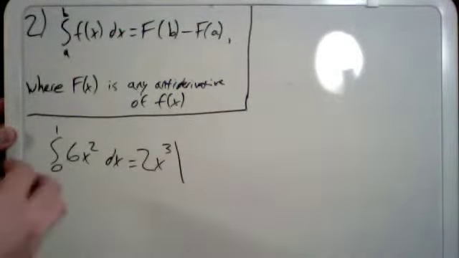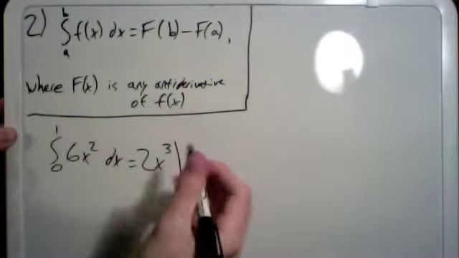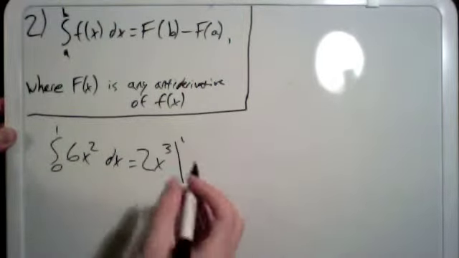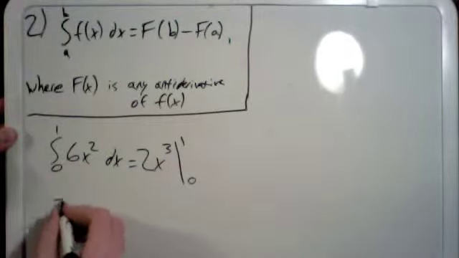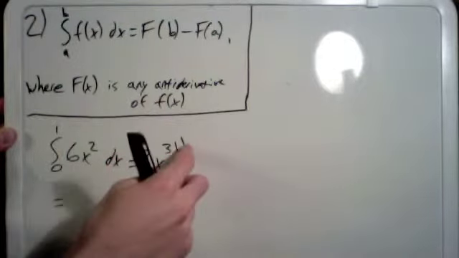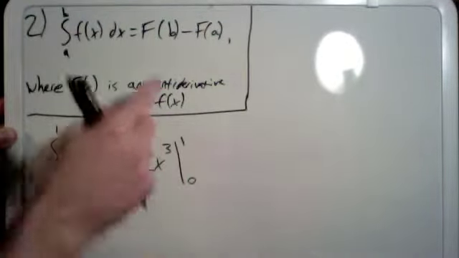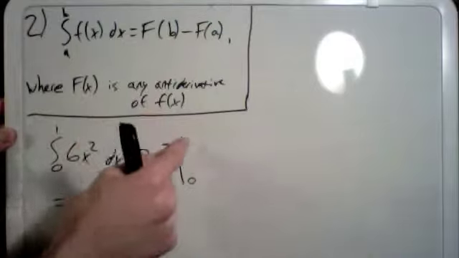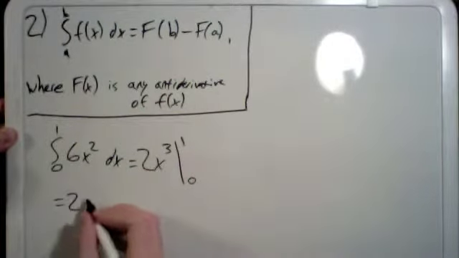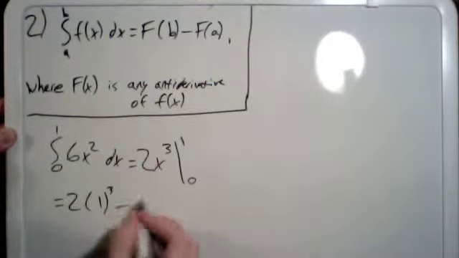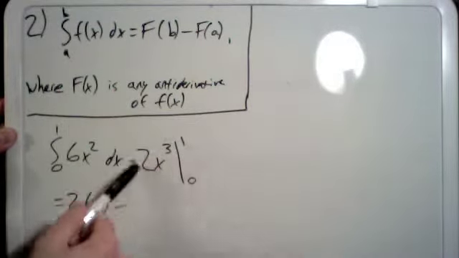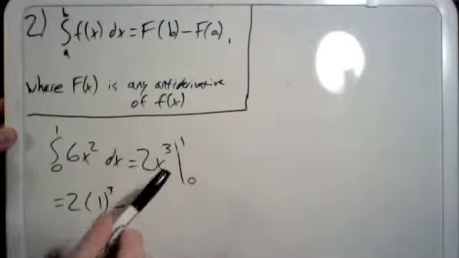So now what we're going to do, to say that we're evaluating it between these 2 points, we draw that line and write a 1 and a 0 for the upper and lower bounds. Now the next thing we do is we take this equation here and plug in 1 and 0 for x. And remember, we do the upper bound first, so we plug in 1 for x, you get 2 times 1 cubed, and then minus uppercase F of x, because this is our uppercase F of x right here, this is our antiderivative.